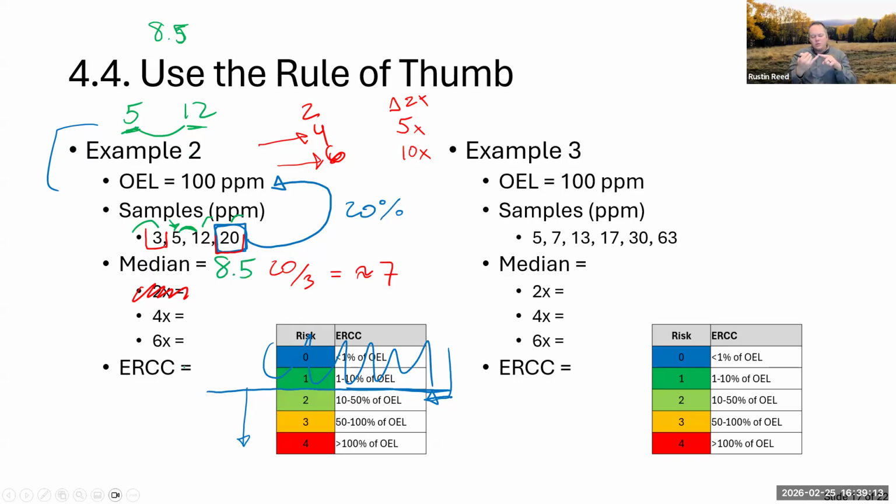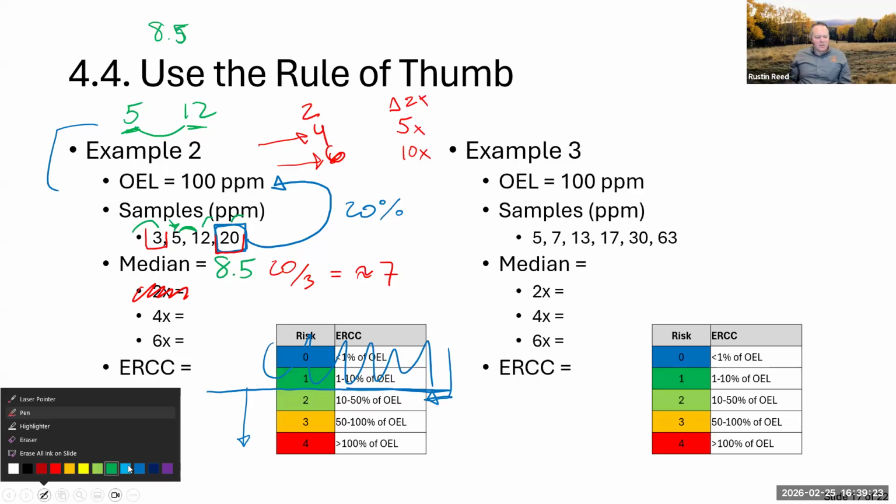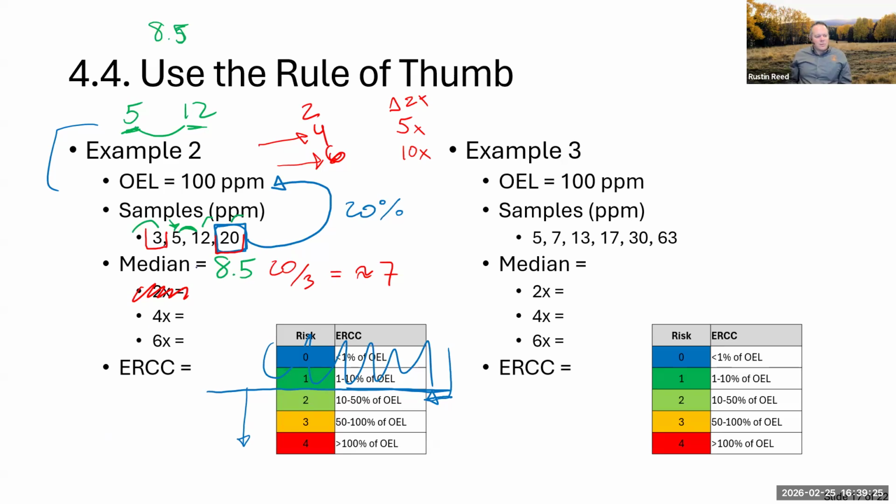Now we looked at the max. We looked at the amount of variability between our min and our max. We found our median. Now we can do our math. So I'm going to take my median, 8.5, multiplied by the multipliers, so times 4 and times 6.